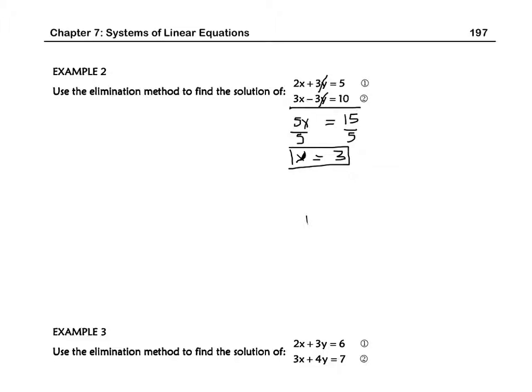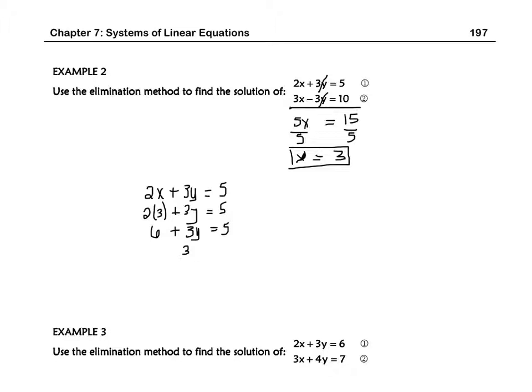And then you want to solve to figure out what y is, so you go back into one of your original equations, and I'm going to take the first one. 2x plus 3y was 5, and we know now that x is 3. And that's going to give you 6 plus 3y is 5.